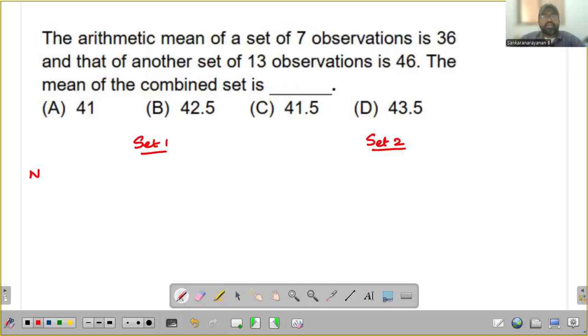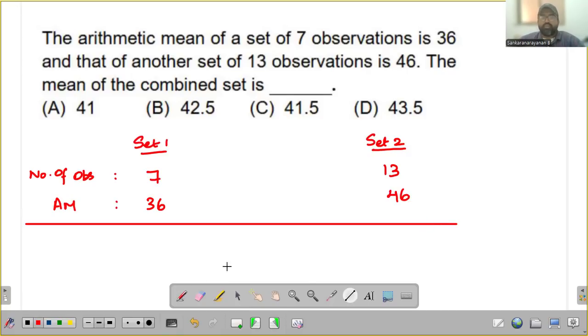In set 1, you can see that it is 7. In set 2, it is equal to 13. The arithmetic mean of set 1 observations is 36. The arithmetic mean of set 2 observations is given as 46.